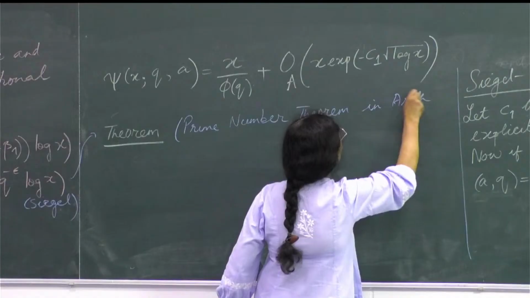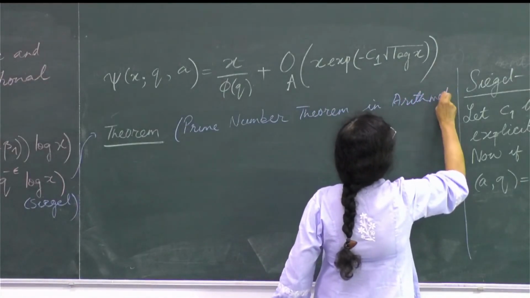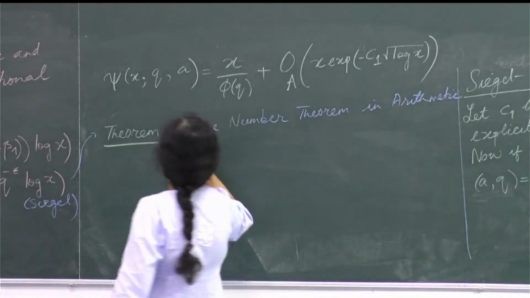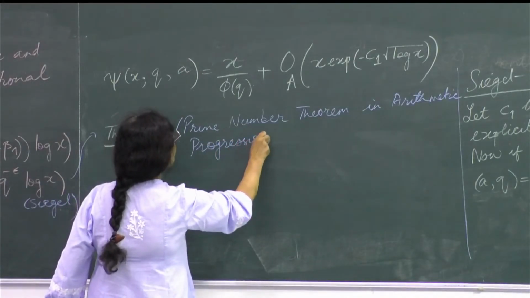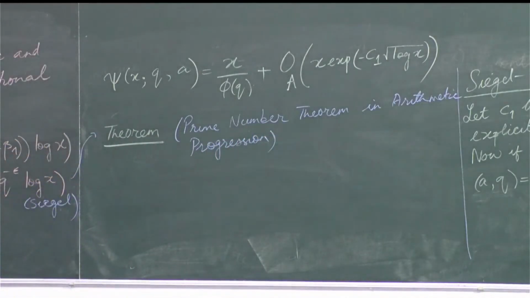Which means now we will not state the result in terms of psi, but in terms of pi, just as how you did it for the usual prime number theorem also. I think the prime number theorem is something that everybody knows, but the prime number theorem in arithmetic progression is maybe something that not everybody knows.